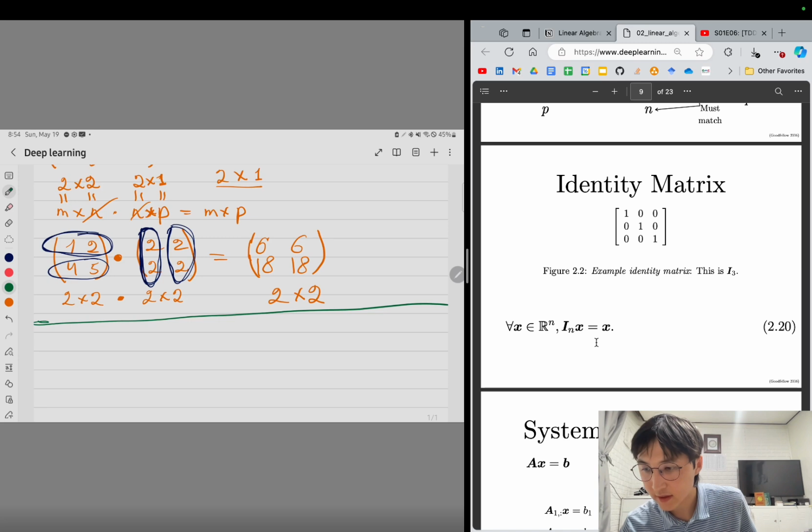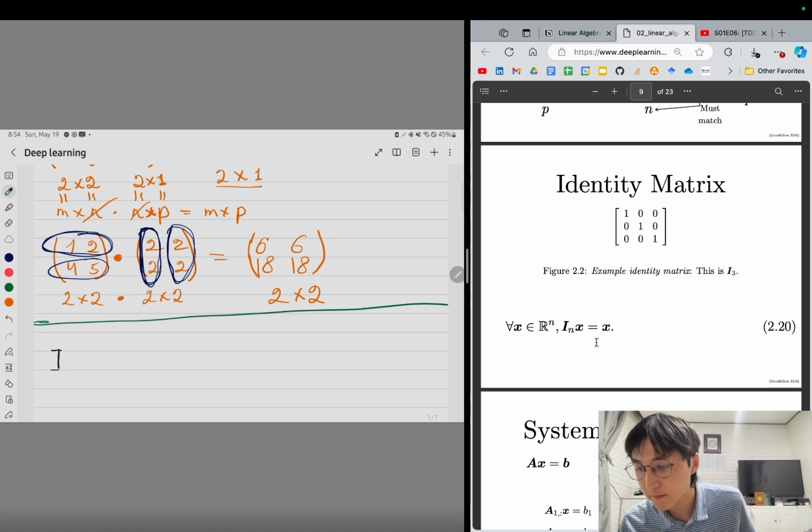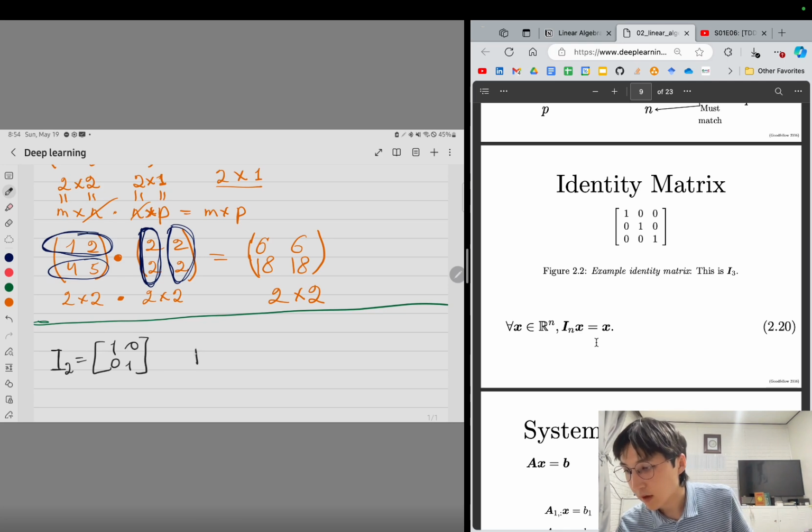We give the identity matrix the notation I, for example I of 2, which is 1, 0, 0, 1. I of 3 is 1, 0, 0, 0, 1, 0, 0, 0, 1.